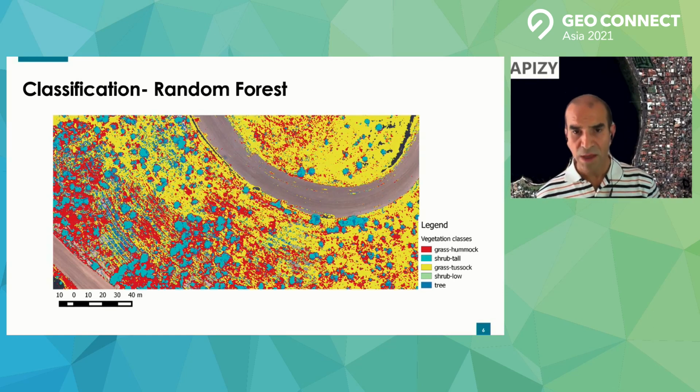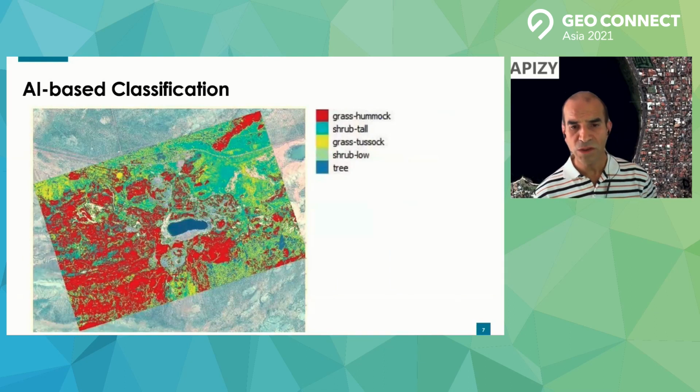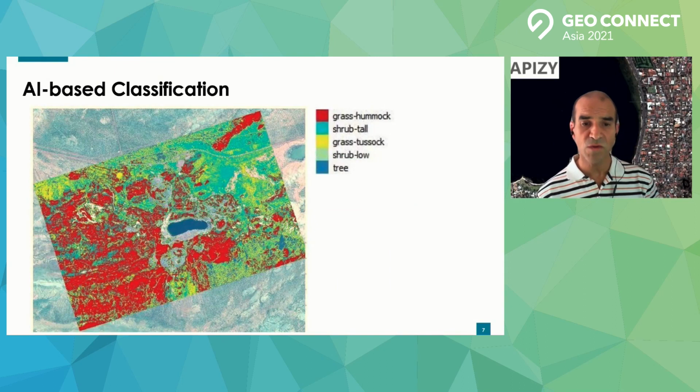And after this, we used Pleiades satellite imagery, provided by Airbus, and we used artificial intelligence, which is much more powerful than a traditional machine learning solution. And we used the same training data. We used some techniques to increase the size of the training data, because when your training data is not sufficient, perhaps traditional machine learning solutions are suitable, like random forest, support vector machine, and a couple of others.